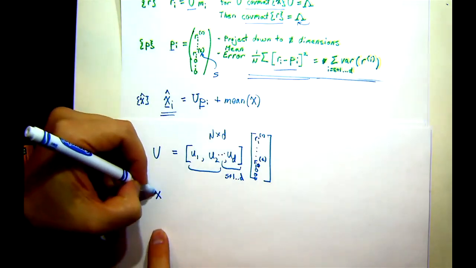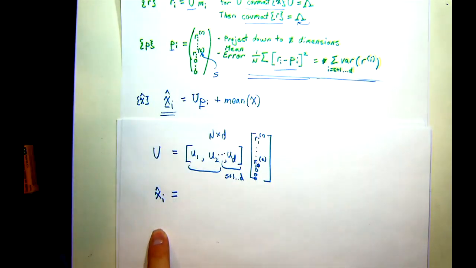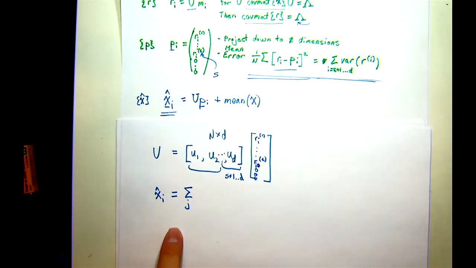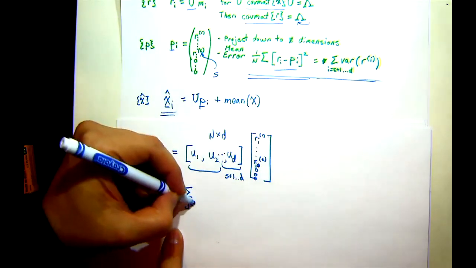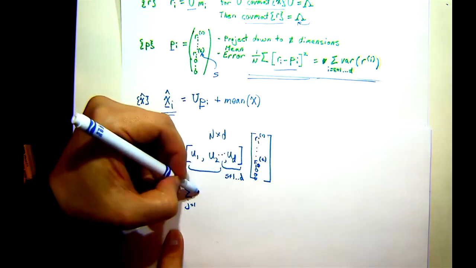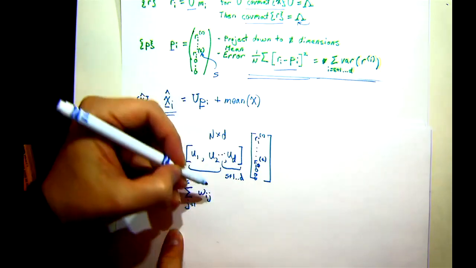So that means that we can write our x hat as a sum of the principal components. If we have j principal components where j equals 1 to S, we can talk about some weight, which is the example and the component.